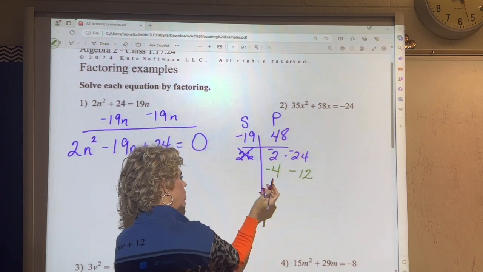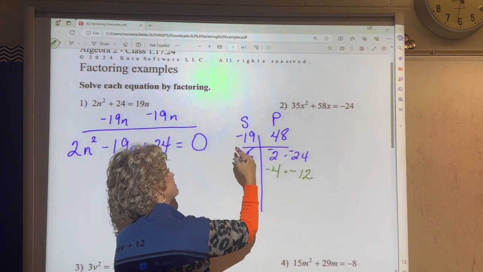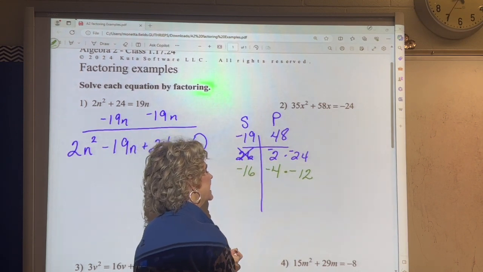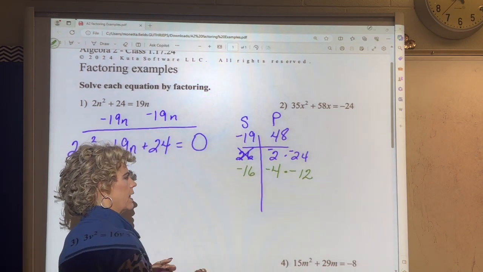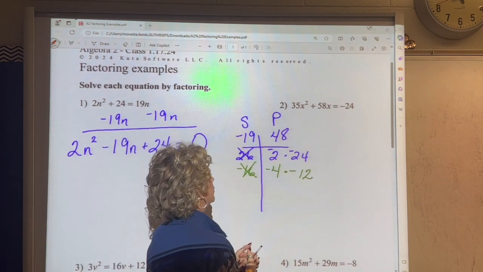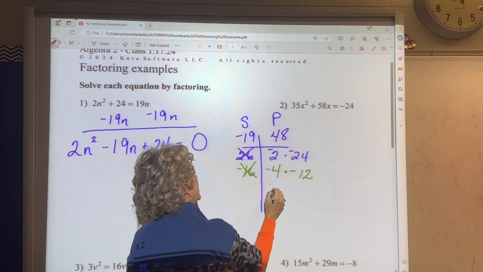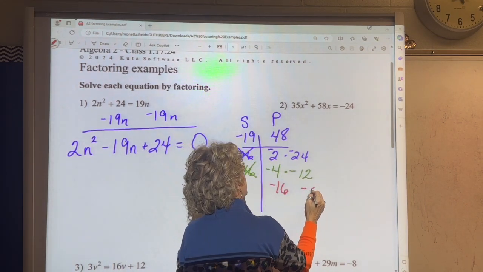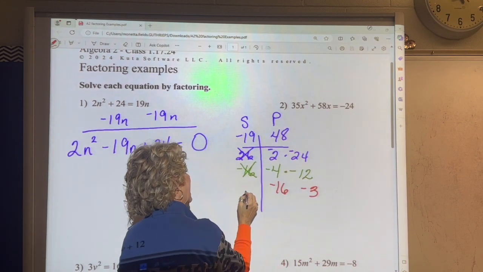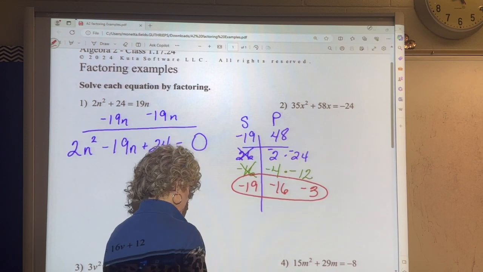I multiply, those multiply to be a positive 48, but they add to be a negative 16, which again is not what I'm wanting. So let me find some other factors of 48. 16 and 3. So I got a negative 16 and a negative 3. Those multiply to be a positive 48. Those add to be a negative 19. So this is what I'm using.